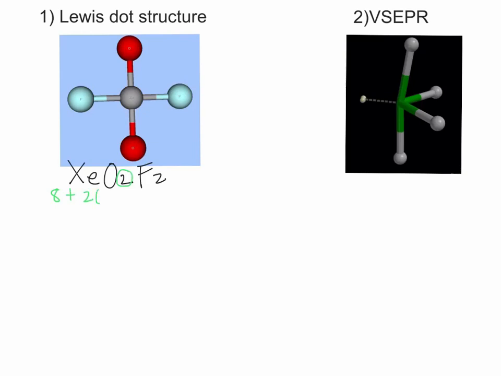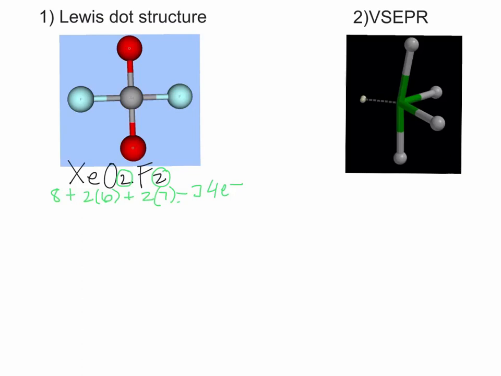Oxygen has 6 valence electrons. So does fluorine, and there's also a fluorine. Fluorine does not have 6, it has 7. And so we have a total of 34 electrons.